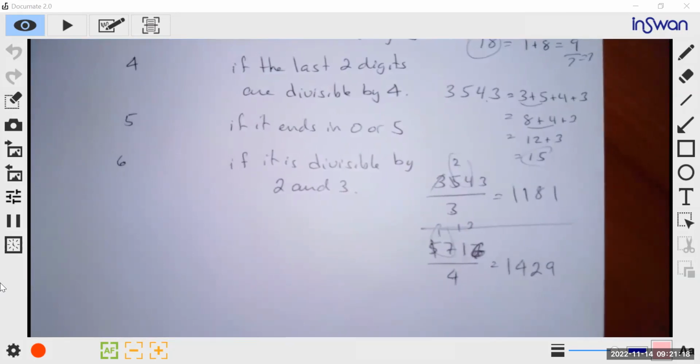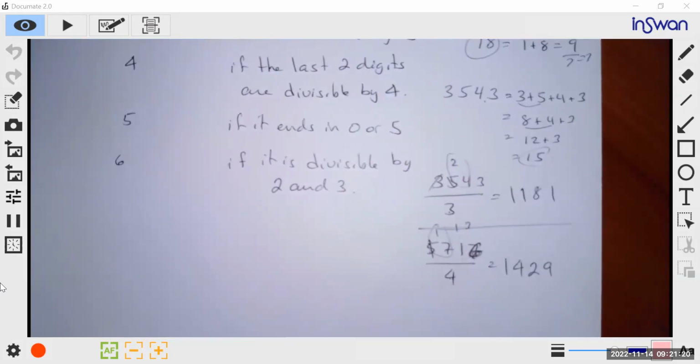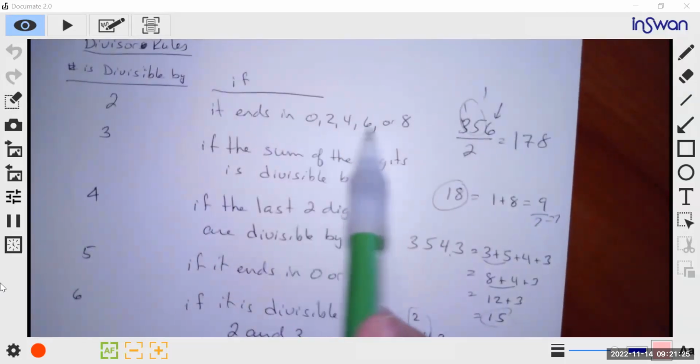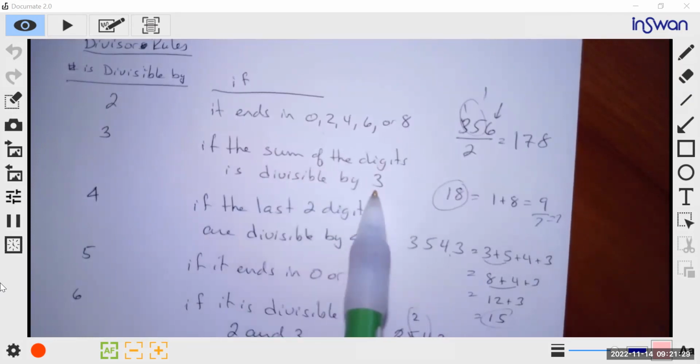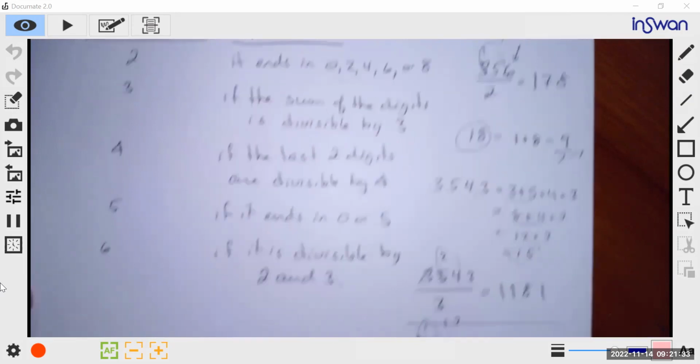So what does that mean? It has to end in an even integer, and the sum of the digits has to be divisible by 3. So if both of those conditions work, it's divisible by 6 as well.